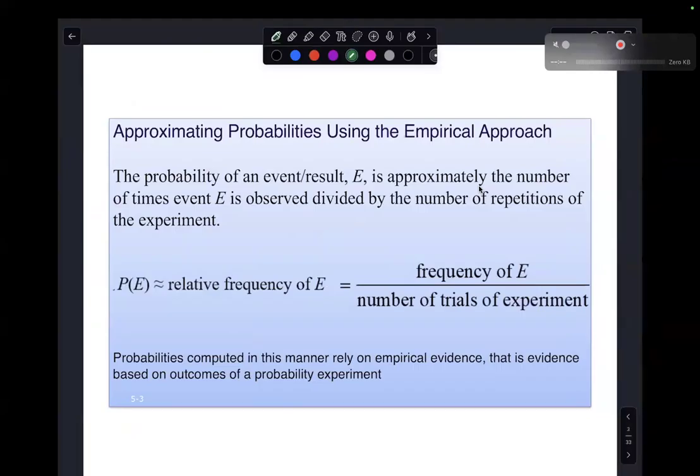So we have two different approaches. We have the empirical approach and we have the classical approach. They have other names also, and I'm going to tell you those other names because I frequently will call it by the other names. So the empirical approach is also known as experimental probability.